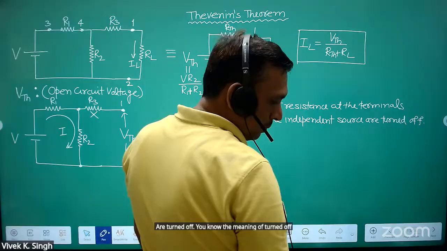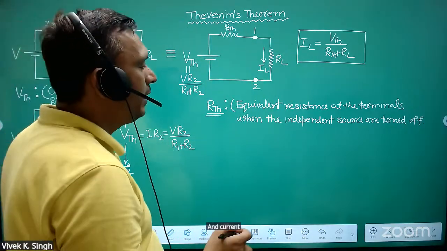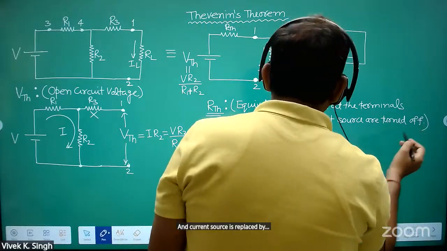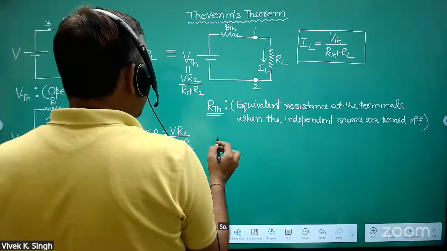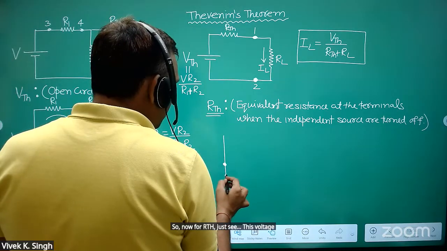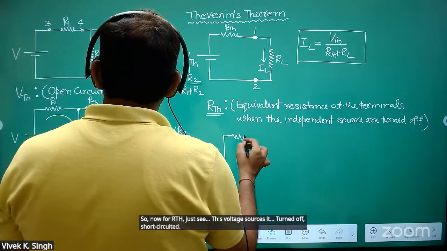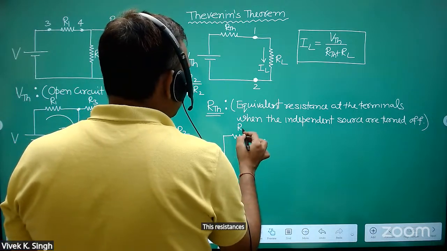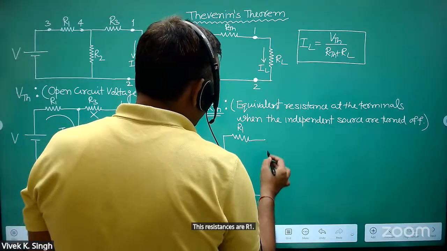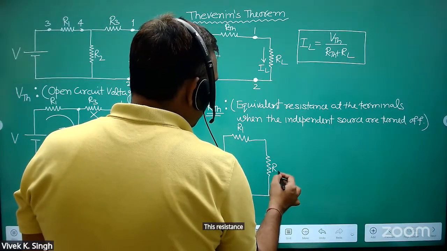Voltage source is replaced by short circuit and current source is replaced by open circuit. So now for RTH, just see, this voltage source is turned off, short circuited. This resistance is R1. This resistance is R2.